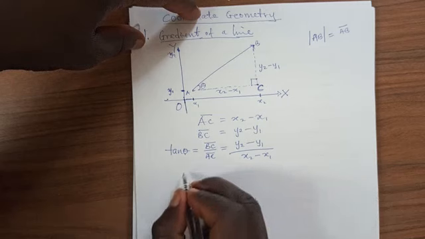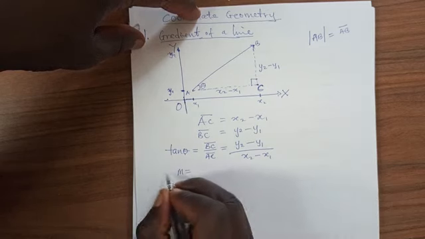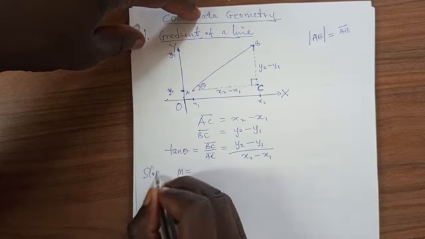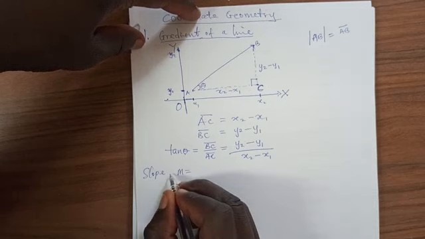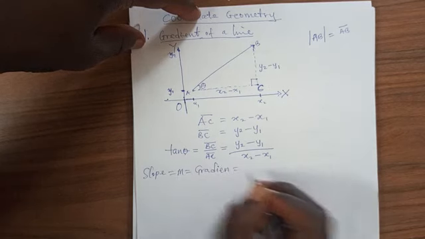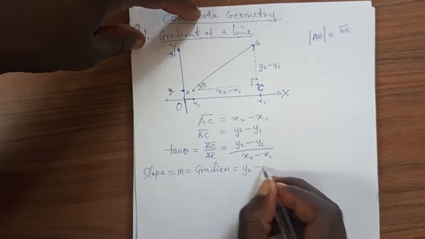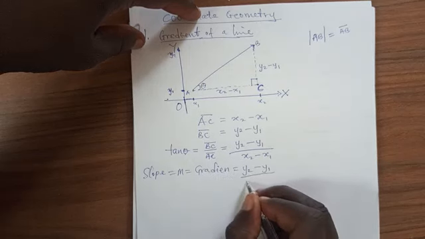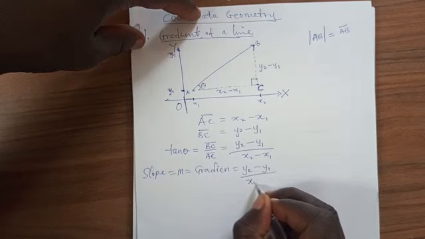Usually, we write m to be equal to the slope. We call it slope, or we call it gradient, which is equal to increase in y over increase in x.